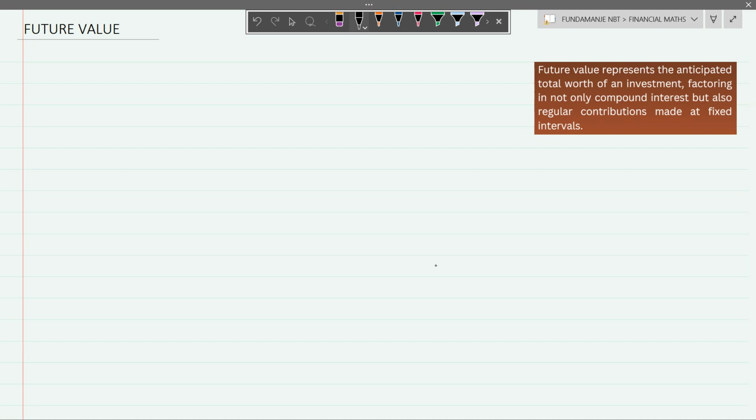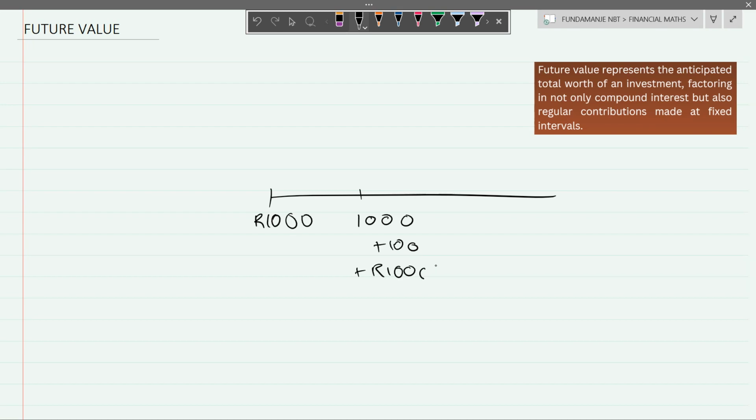Now we want to take a look at what happens if we put in 1000, and then we gain interest on this amount, and then on top of the interest being gained on this amount, so plus 100 from the interest, we also add another plus 1000 from our regular payments.